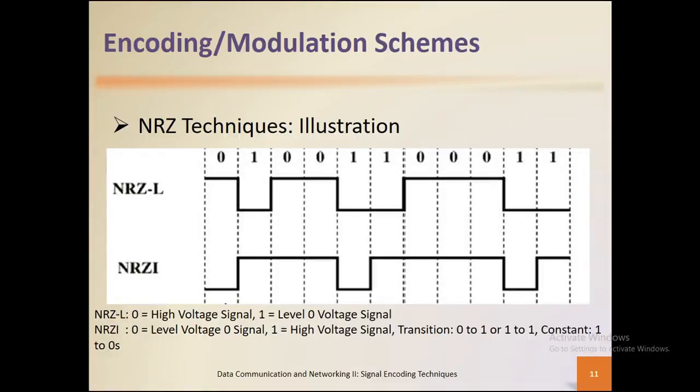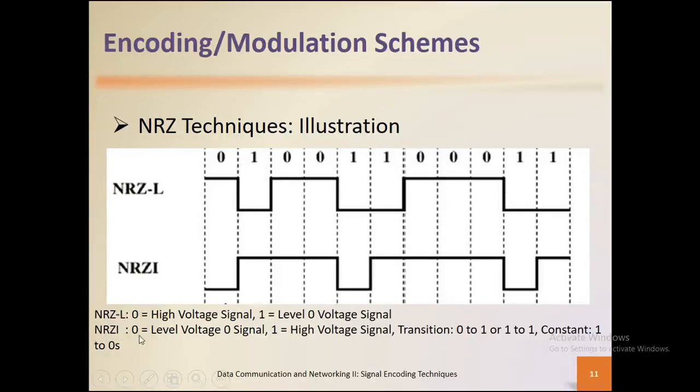Very good. I've put some of these things away to help you out in terms of the signaling of these two particular techniques within the non-return to zero. I indicated that a 0 bit would be represented by a high voltage pulse, and a 1 is a level voltage pulse.